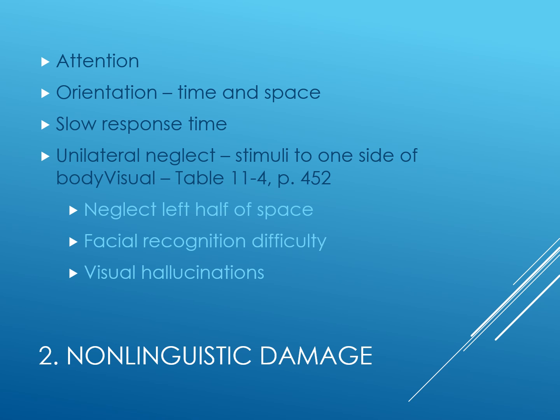Their vision is just fine. It's not a vision difficulty. They just do not realize that it is there. So for some reason, the brain doesn't really recognize anything on that left side. A common assessment task is to have the patient write their name on the top left of a page.